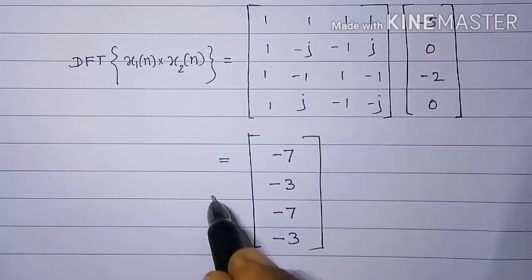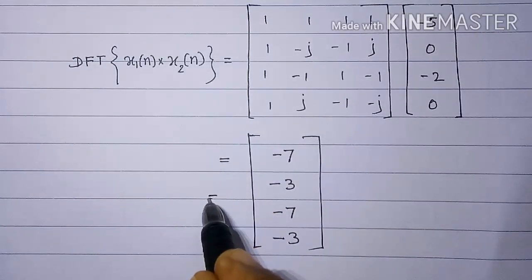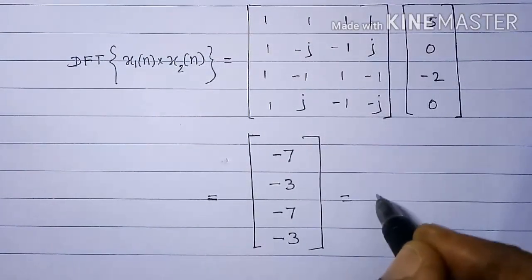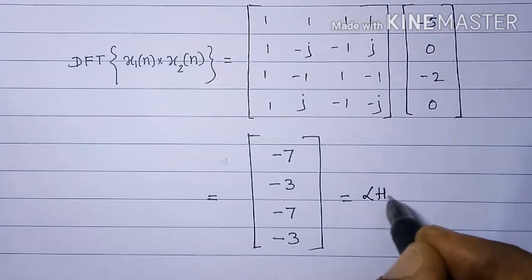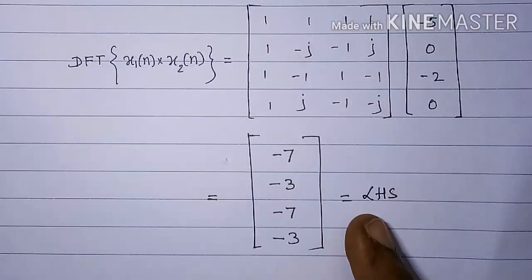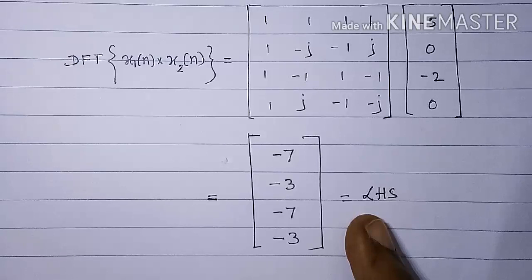I will write this equal to sign here. Now this is LHS for us. Now we have to prove that this LHS is equal to RHS, where RHS is equal to 1 by n into circular convolution of x1 of k and x2 of k.